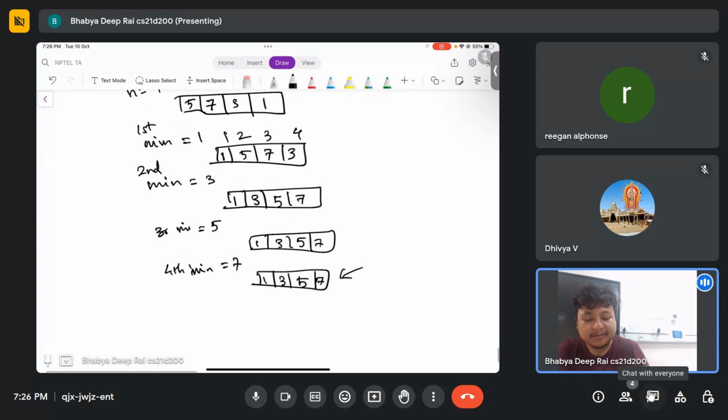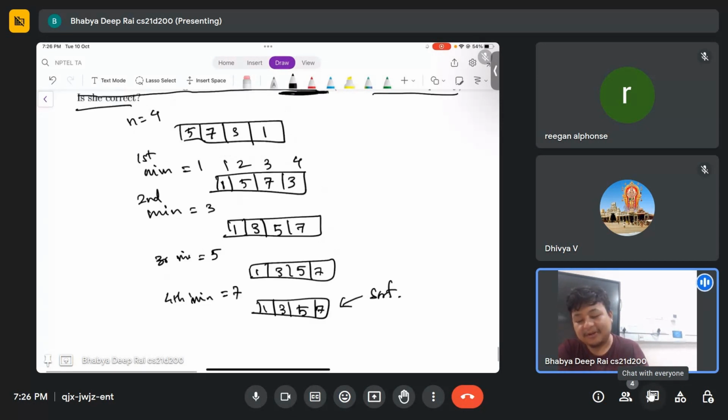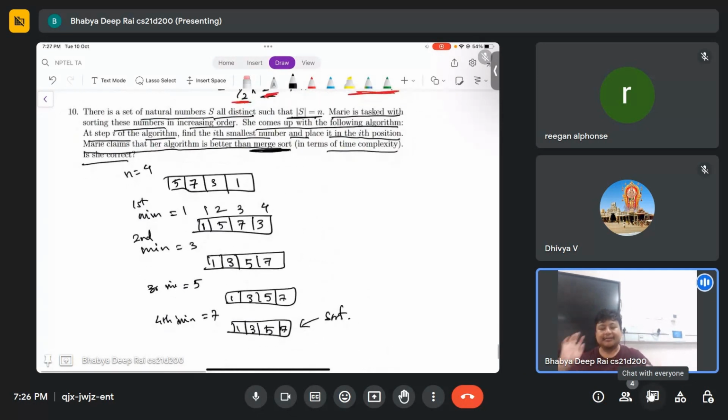And then she sorted them. What does it mean to sort them? To arrange them in ascending order. That is what we want. Well, what Marie claims is that the algorithm is better than merge sort. But we know that merge sort takes order n log n time.